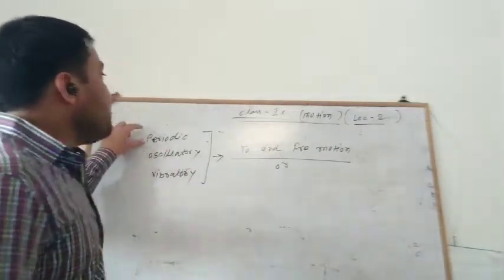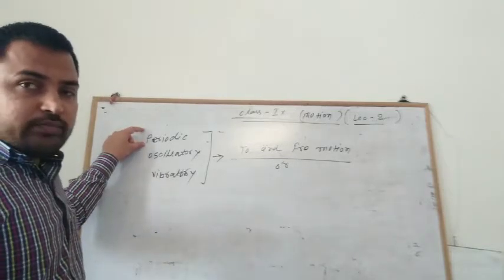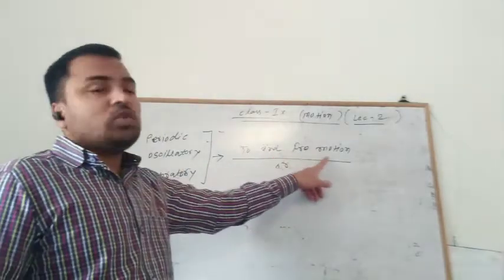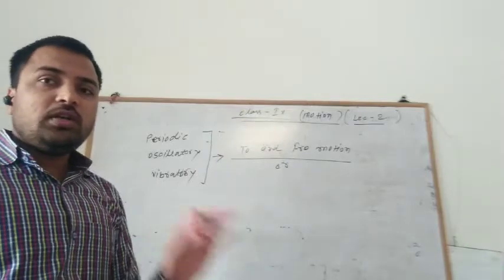Then what is the difference between periodic and vibratory motions? In periodic motion, the to and fro motion always happens at a regular interval of time.